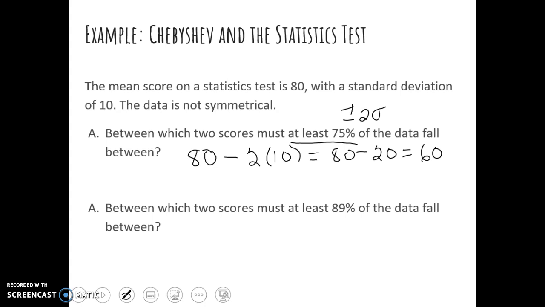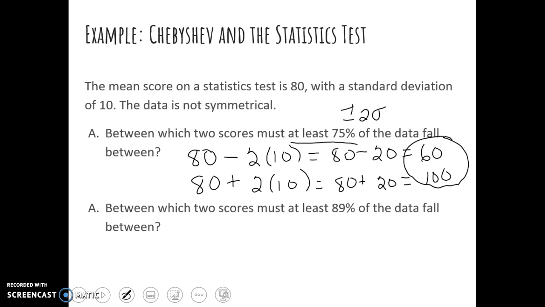And then that's 2 below, so now I'm going to go 2 above. So 80 plus 2 standard deviations. Standard deviation is 10, so that's 80 plus 20, and I get the boundary 100. So at least 75% of the data fall between 60 and 100.